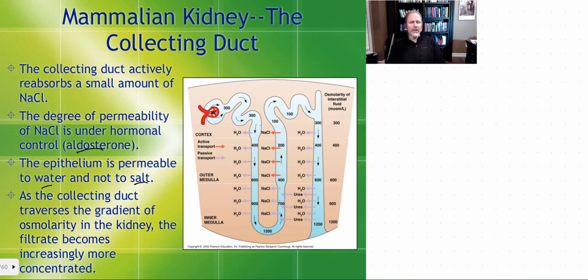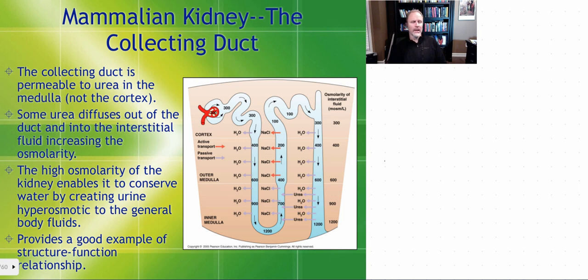So how this collecting duct behaves depends on the tissues we're talking about and any of the hormones that might be involved. Okay, so as this collecting duct traverses the kidney, it's encountering different concentrations of ions in that interstitial fluid, and that's what's going to allow us to produce perhaps a very concentrated type of urine.